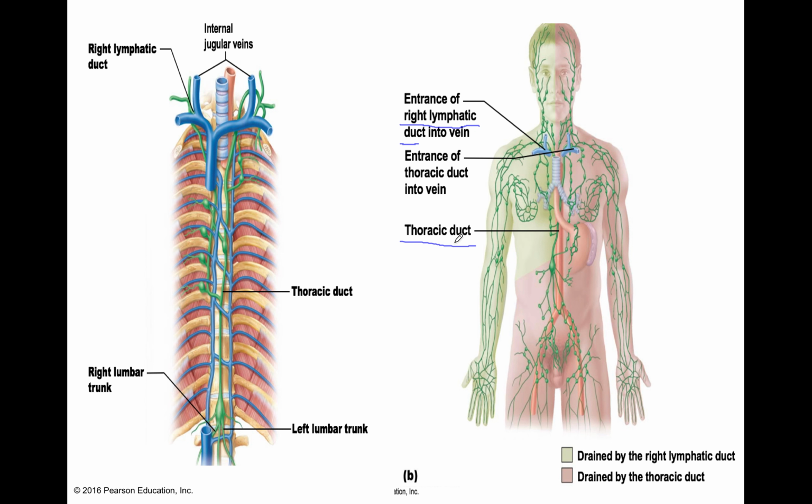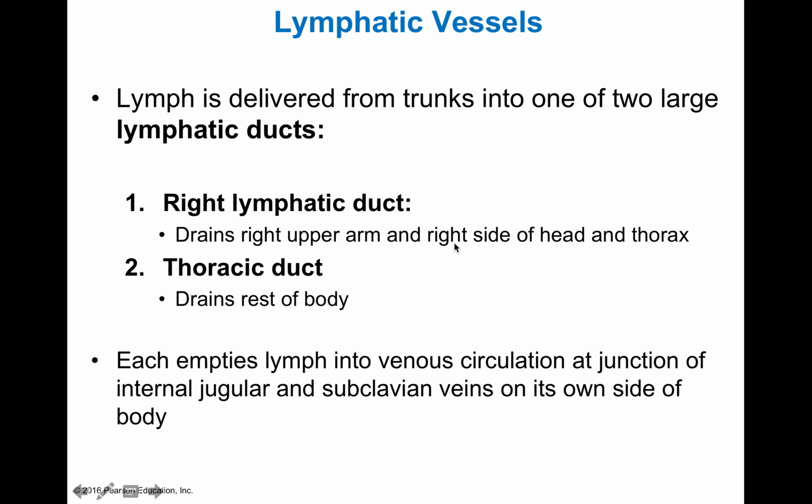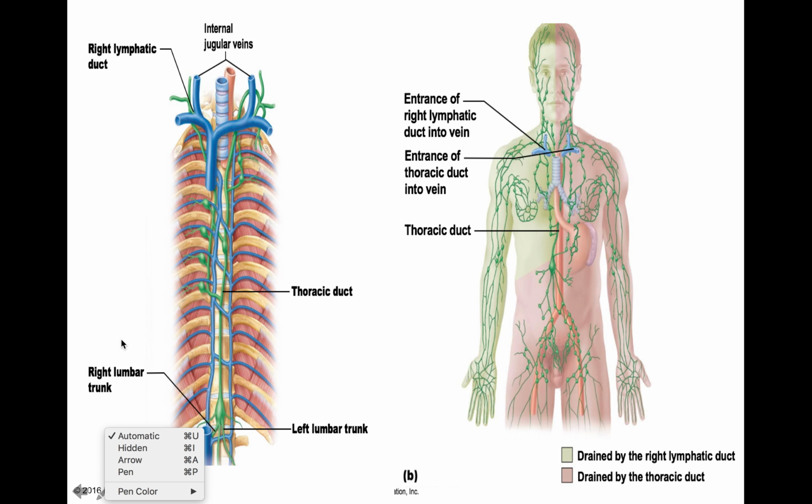And where they are being emptied, we are looking at the region between the jugular and the subclavian vein. So basically this is your jugular, this is your subclavian, and this is the region they get emptied into. This is one side and this is the other side.